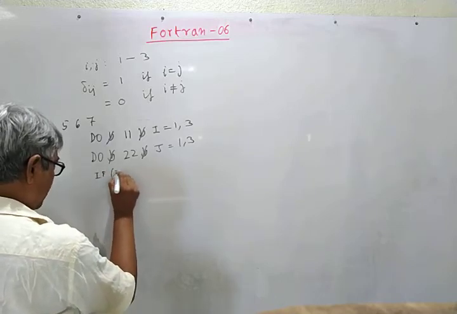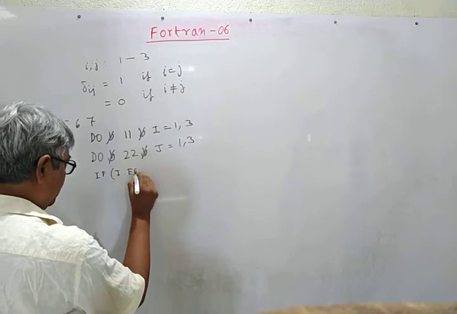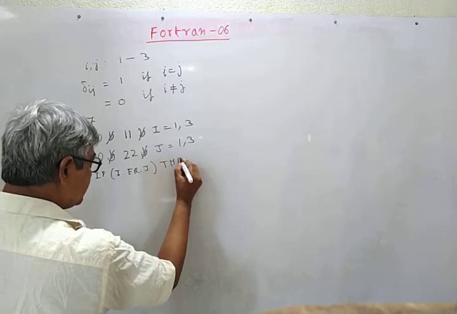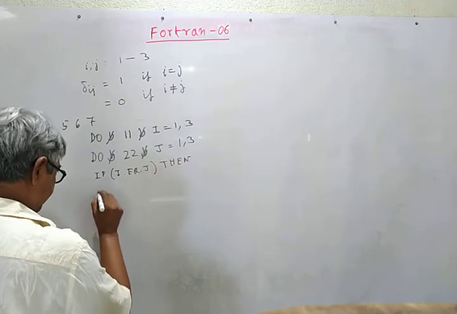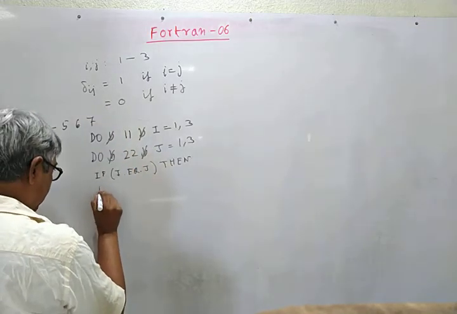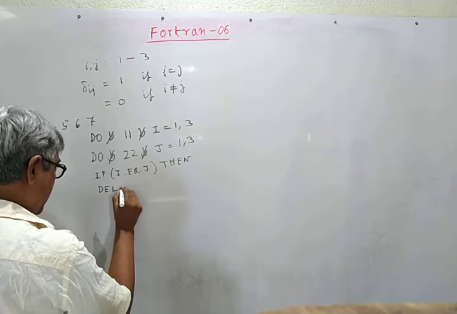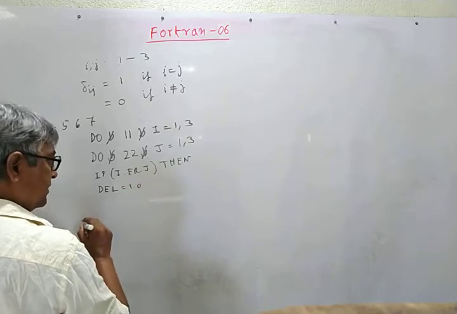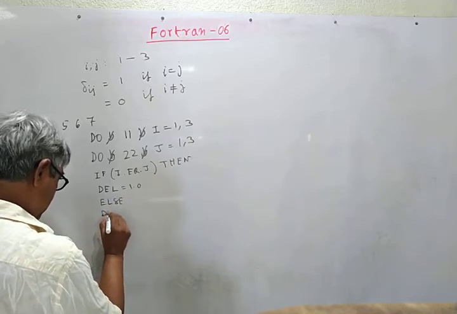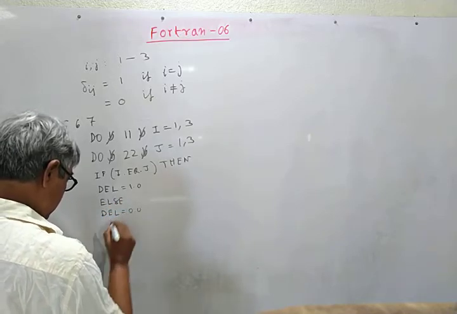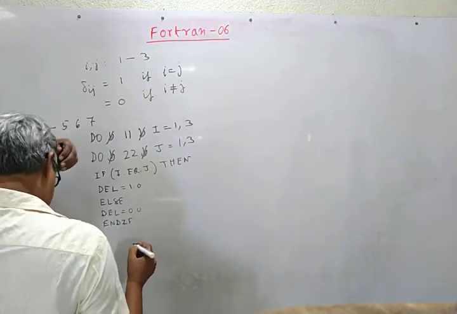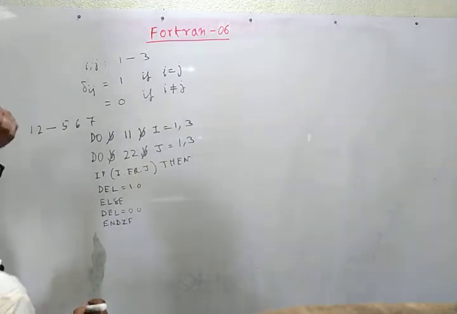If i equal to j, then delta, the delta function, we write del as 1. Else, del as 0. End if, and then we write.